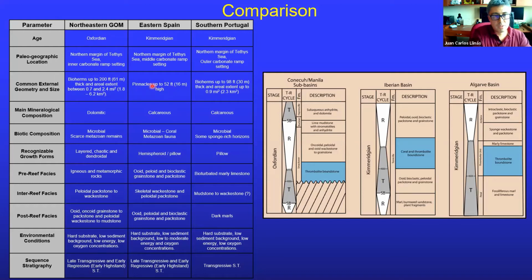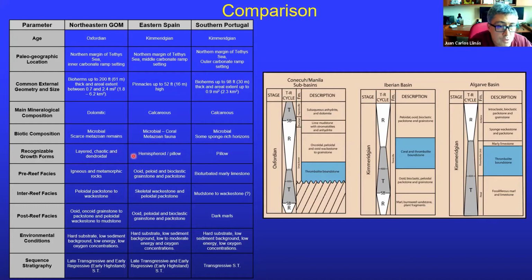And the ones in Spain are different in the way they are formed. The predominant mineralogical composition is dolomitic for the Smackover buildups, while it's calcareous in the Iberian Basin. The biotic composition is mostly microbial for the Smackover and the Portugal example, and heterogeneous between microbial and coral for the eastern Spain example.